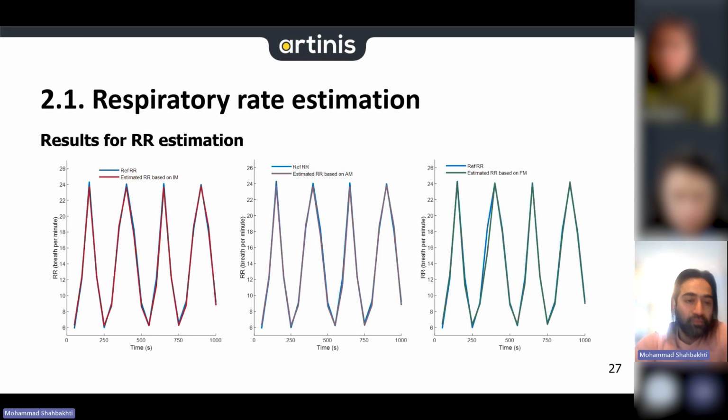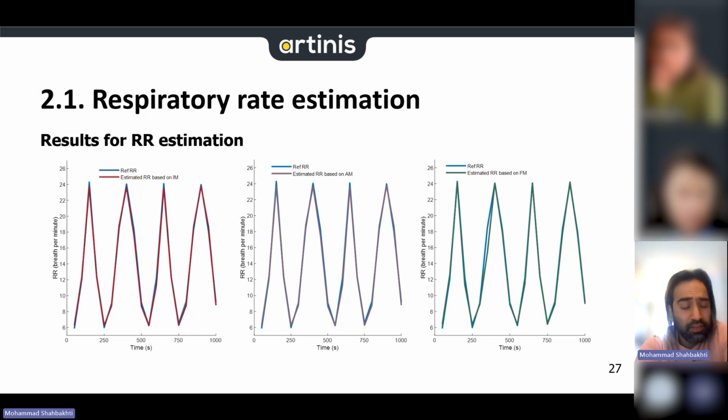Here you can see the result of the respiration rate as a function of time. The blue line is the reference respiratory rate, which we recorded from respiratory signals. At the same time, we estimate respiratory rate based on intensity modulation, amplitude modulation, and frequency modulation of the fNIRS data.